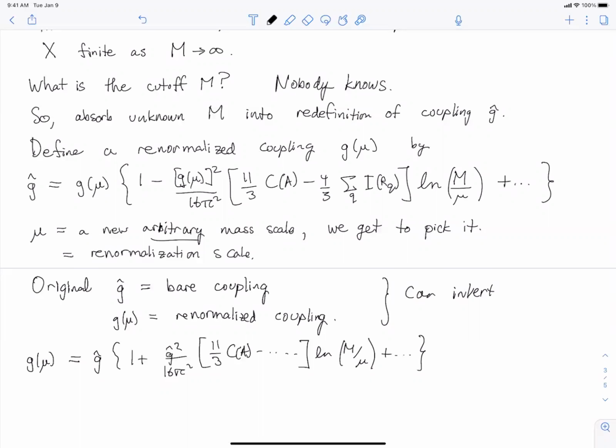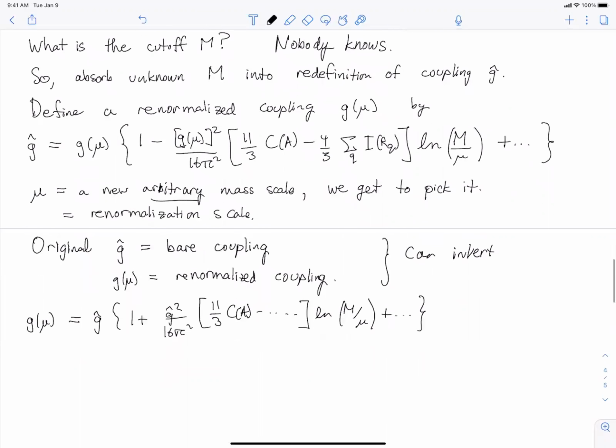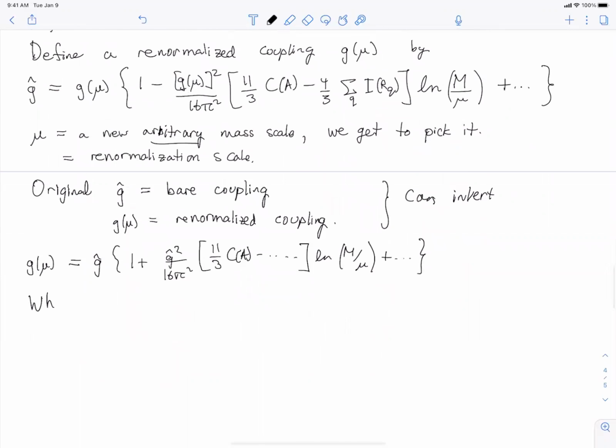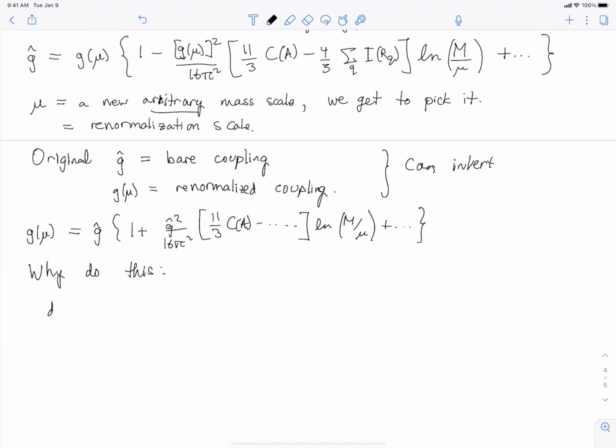Okay. So what is the point of doing all this seemingly arbitrary stuff? Why do this? The answer is because now let's write the total differential cross-section in terms of G rather than G hat.